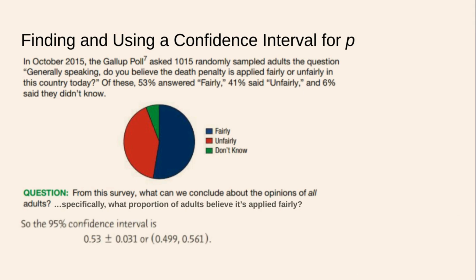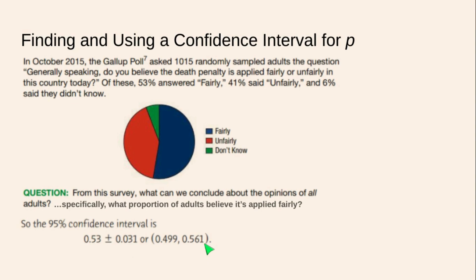Okay, so the 95% confidence interval is 53% who said fairly in our sample, so our sample proportion, plus or minus our margin of error. And if we were to make that into an interval, which may be a little easier to understand, we would take 53% and subtract 0.031 and get that number, 53% and add 0.031 and get that number.